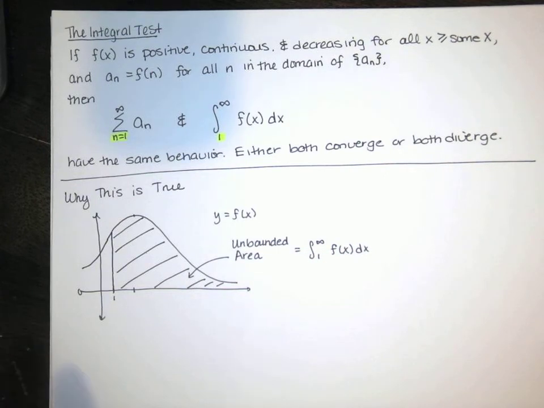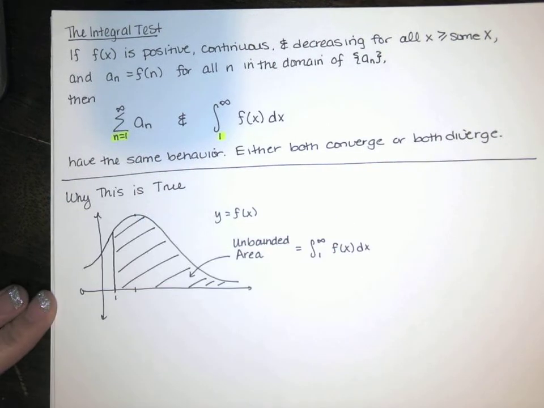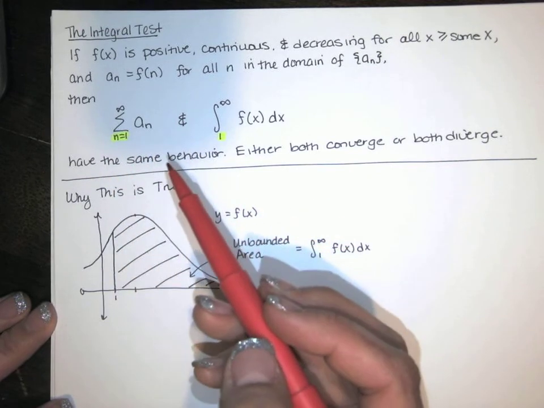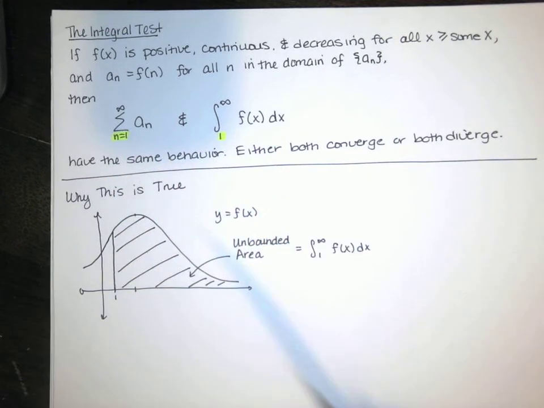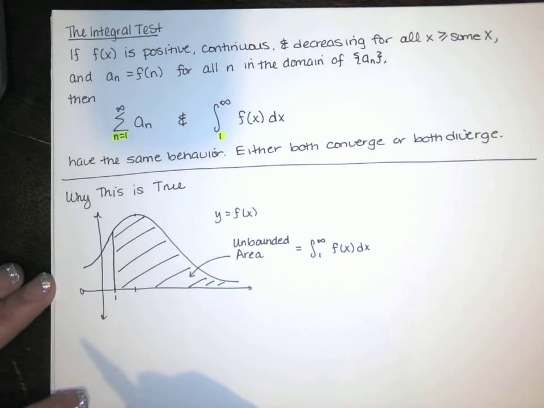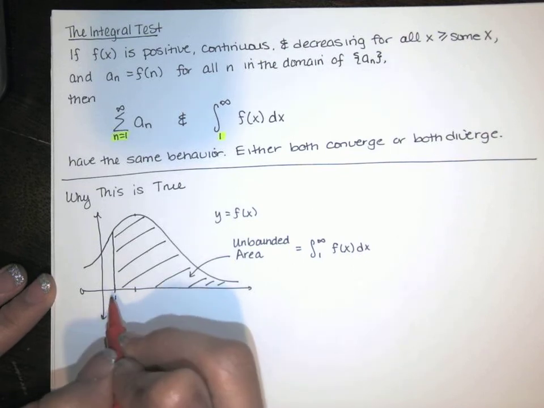Okay. Now the claim is that somehow this area is related to the convergence of that series. We're going to prove that this series and this integral have the same behavior just using a geometric argument. So let's say I draw some rectangles over here.